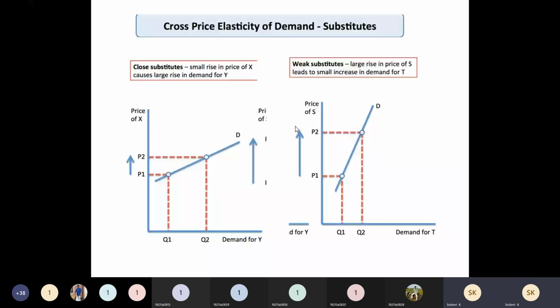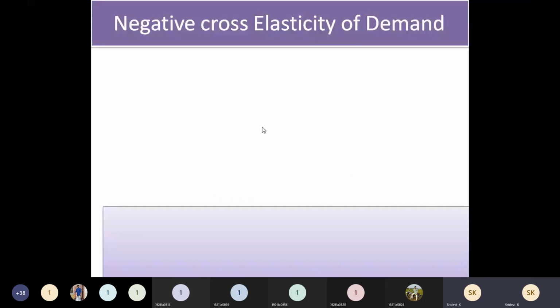So when they are very close, or compulsory, they need to be jointly utilized, or sometimes without that there is no other thing which can be utilized. Based on that, we can say that this negative cross elasticity will be affected. To what extent this is affecting depends on the closeness of the complementaries. In the same manner, we will take quantity on the x-axis, price on the y-axis.